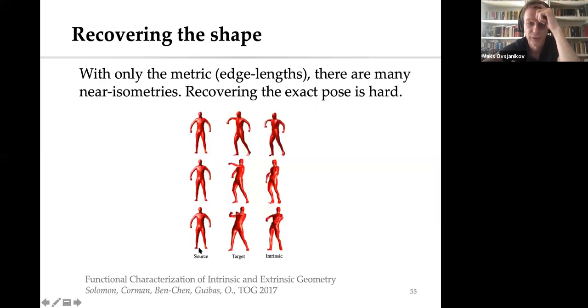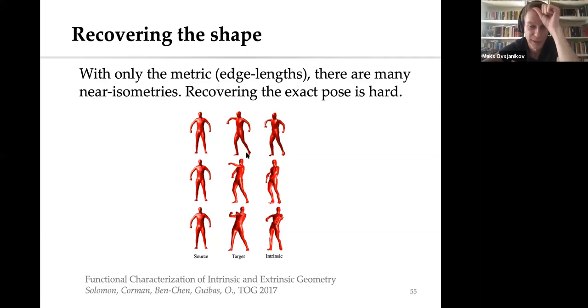Here, for example, we have a source and target, and we try to recover the target using this intrinsic metric. If you're lucky, and you do a lot of regularization, you can recover the shape, or at least the edge lengths, which gives you the intrinsic metric of the surface, and then recovering the full shape is very challenging.